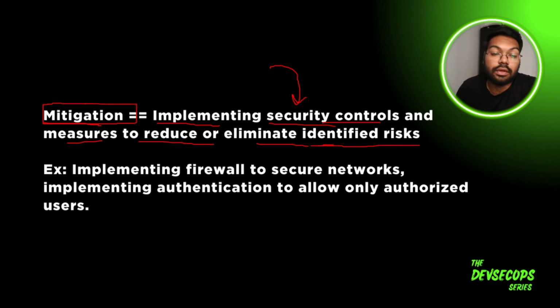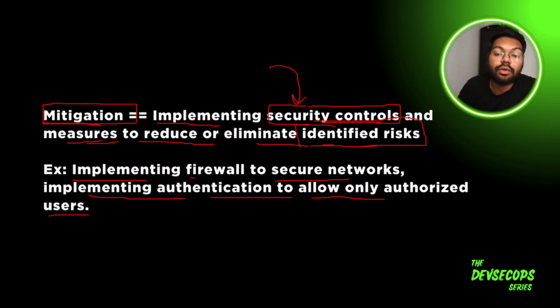You can implement some controls which can detect those things, and some measures can also be applied to reduce or eliminate the identified risks from the risk assessment step. For example, implementing a firewall to secure your networks. That is one thing you can do. Implementing authentication to allow only authorized users in your application, anywhere you take it.